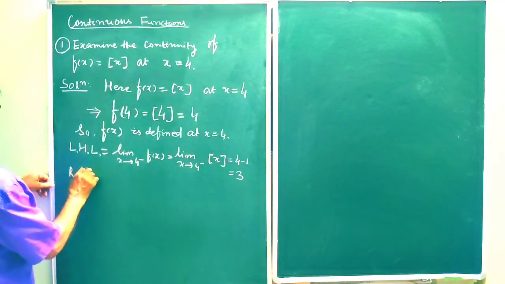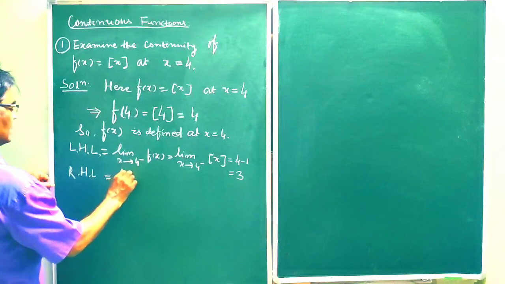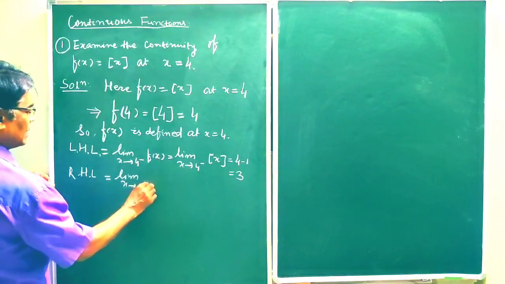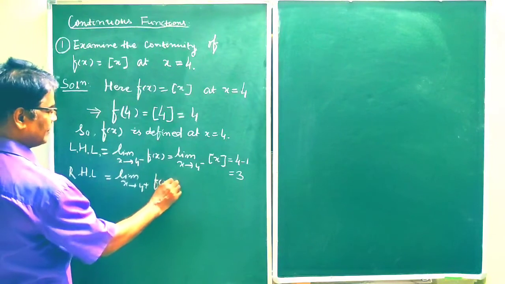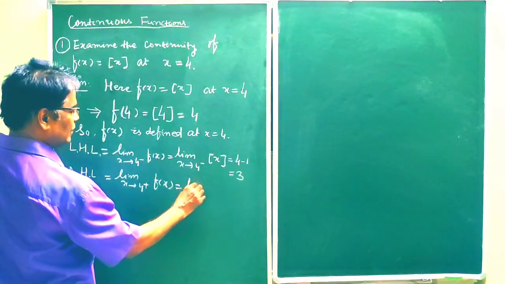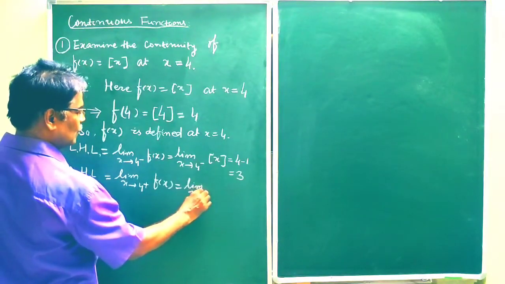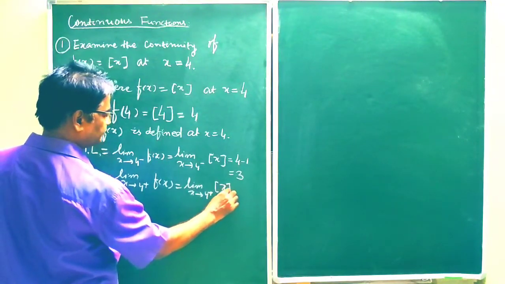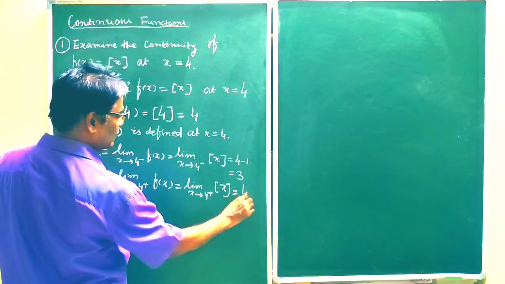Now right hand limit is equal to limit x tending to 4 plus f(x) is equal to limit x tending to 4 plus [x]. This is equal to 4.